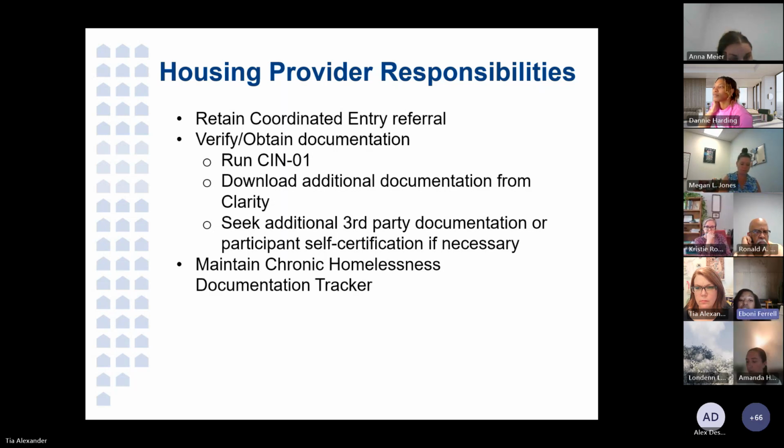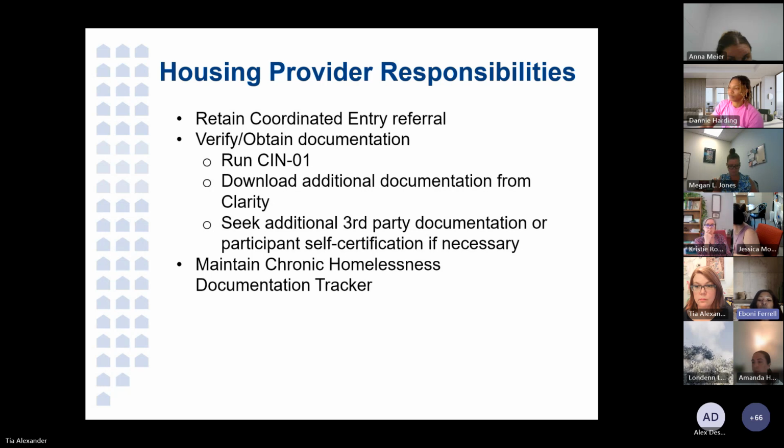Look at all the documentation together carefully to see whether it is adequate. If there are still not enough months or instances documented, you will need to obtain additional documentation. This may mean following up with the street outreach worker or third party, or having the participant sign a self-certification for the undocumented months that they were homeless.